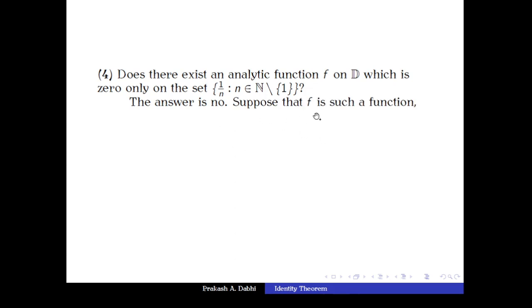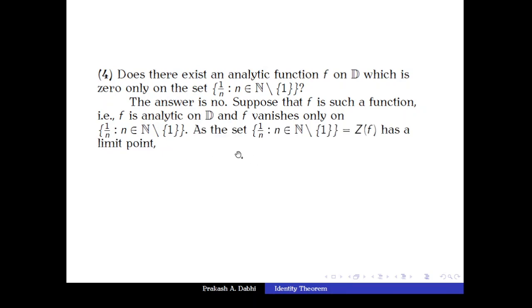Suppose that f is such a function. Means what? The function f is analytic on D. F vanishes only on the set 1 upon n, n belongs to N. It means what?